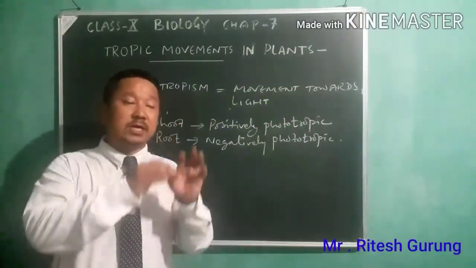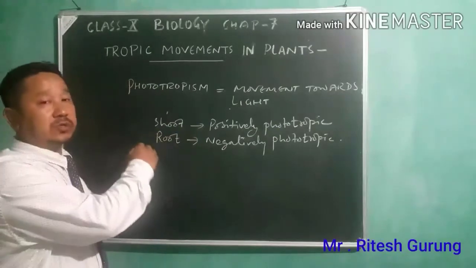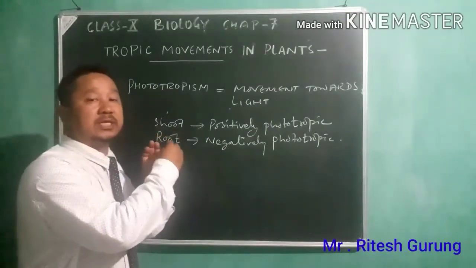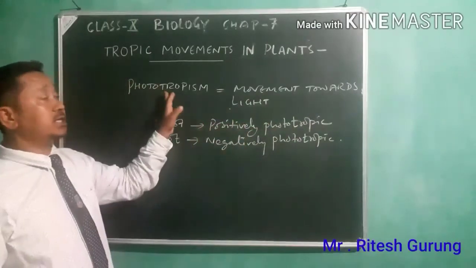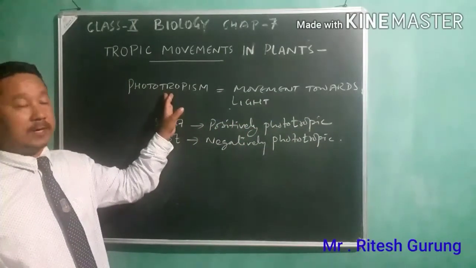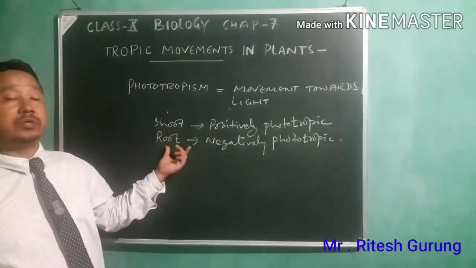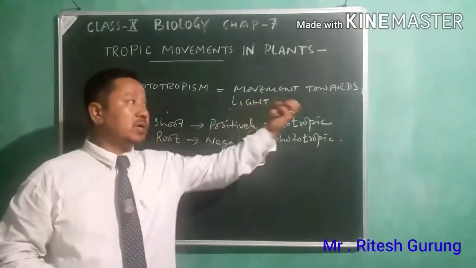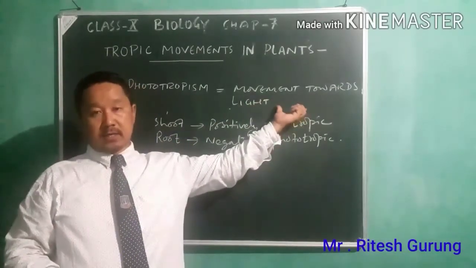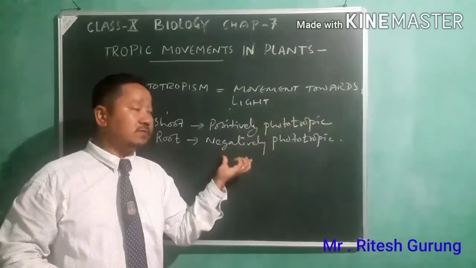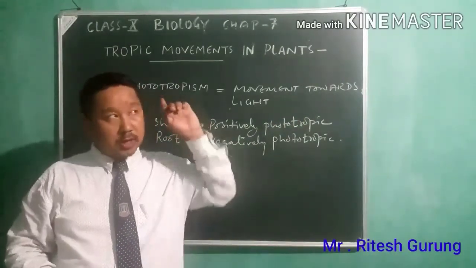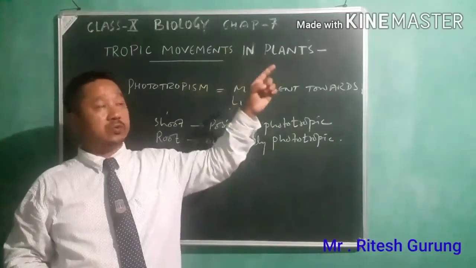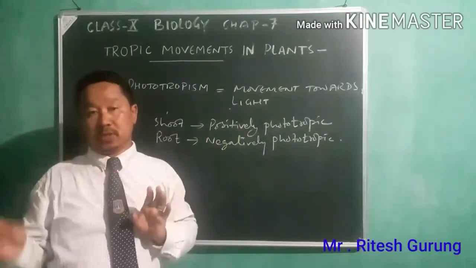So this means the shoot system is showing response to the source of light. This kind of movement or response is called phototropism. But here the root is not moving towards the source of light, which is negatively phototropic, because the root has to go against the light, not towards the source of light, but away from the source of light.